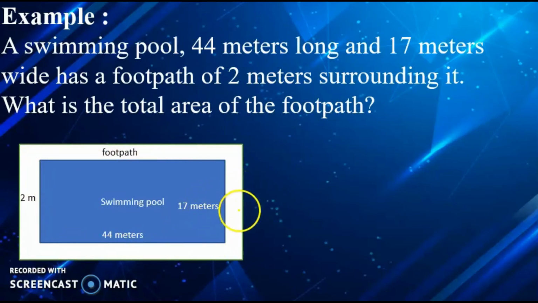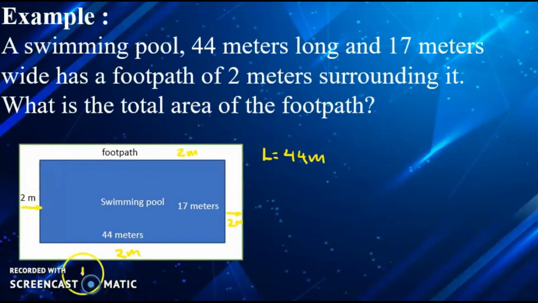Okay, so how are we going to solve that? Okay, so start tayo. Since ang length nitong pool ay 44 meters, ibig sabihin nito kasi, this is 2 meters, no? 2 meters to. So, meaning ito, 2 meters din to. And then ito, 2 meters. I mean, yung size niya mula dito sa side papunta doon ay 2 meters, no? This is also 2 meters. So, ibig sabihin, kukunin natin ang total length nitong rectangle na to.